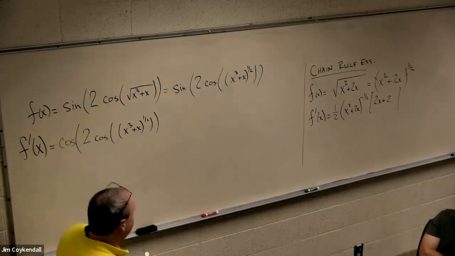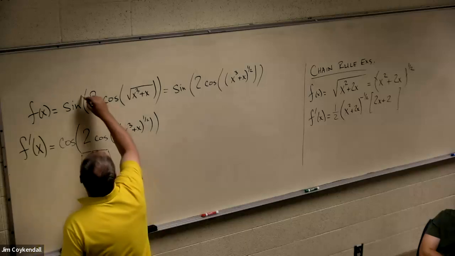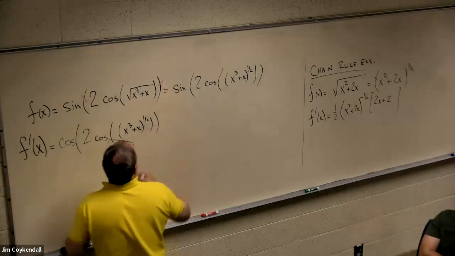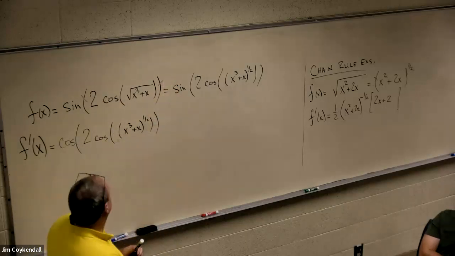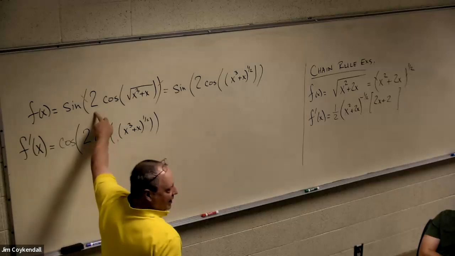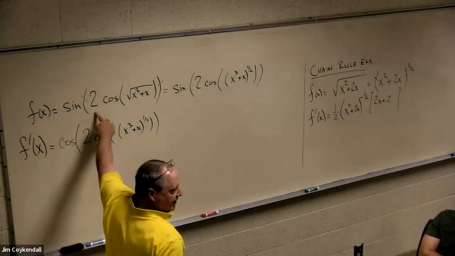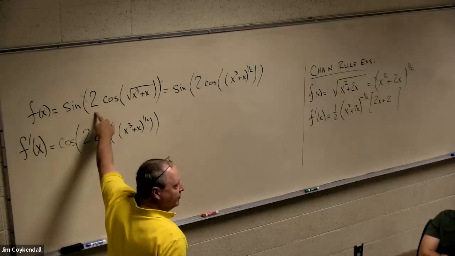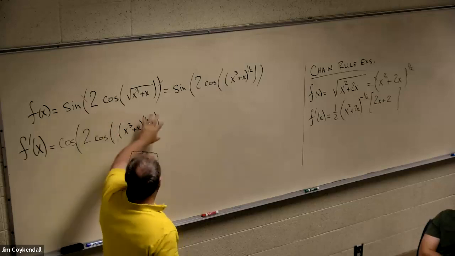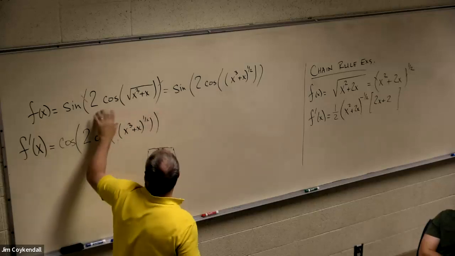Everybody agree? But now I've got to multiply by the derivative of what I see inside. And when you're first getting warmed up to this, you could write this times the derivative of this.